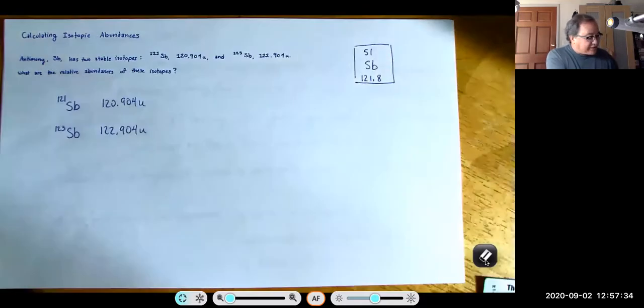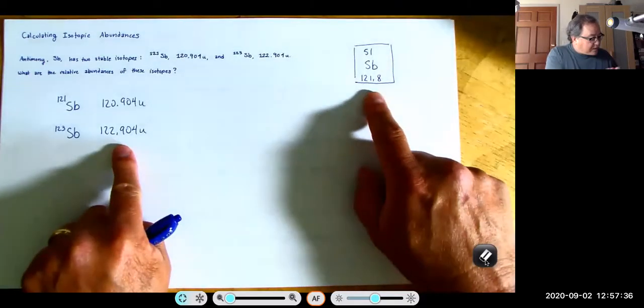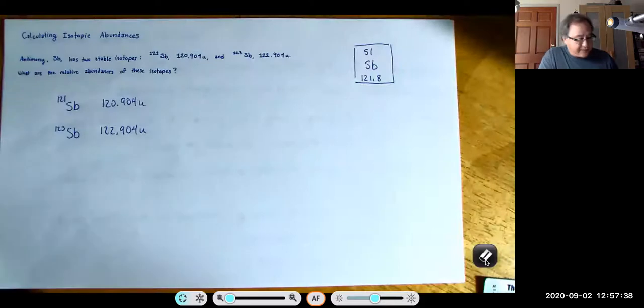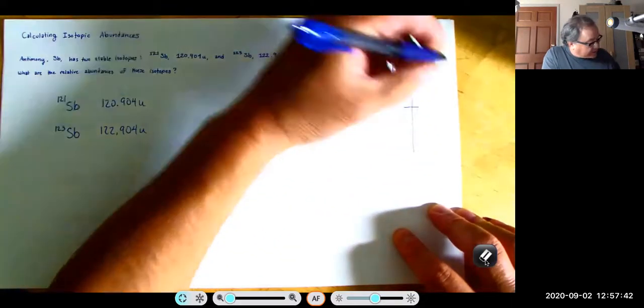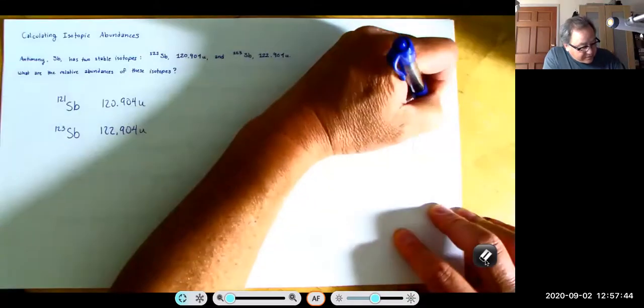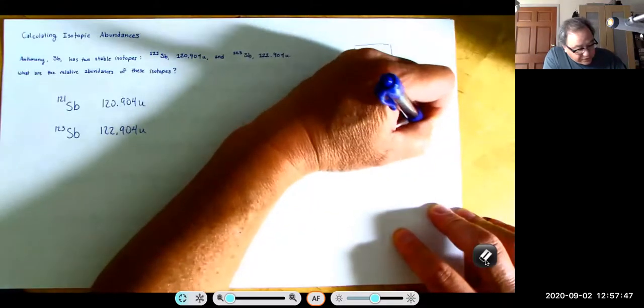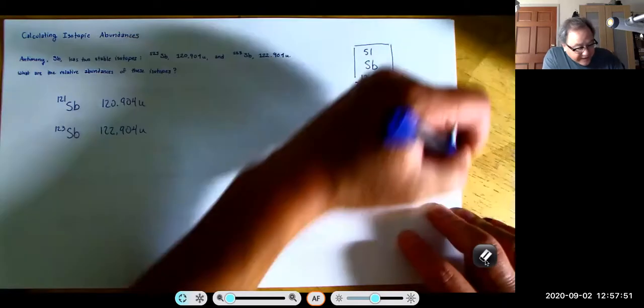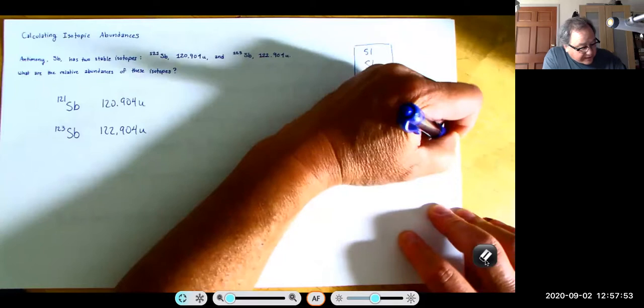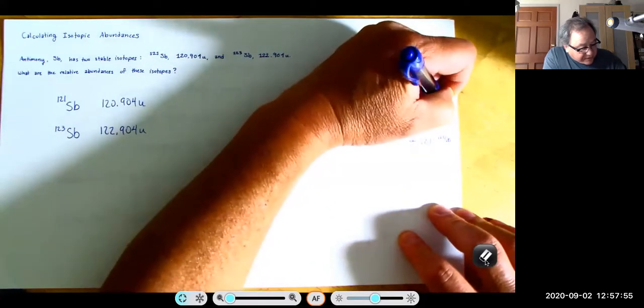So based on this alone, which one of these is likely to be more abundant? Well, I can make a little number line here. So I'm going to call this 123, 122, 121. So this is antimony 121, and this is antimony 123.